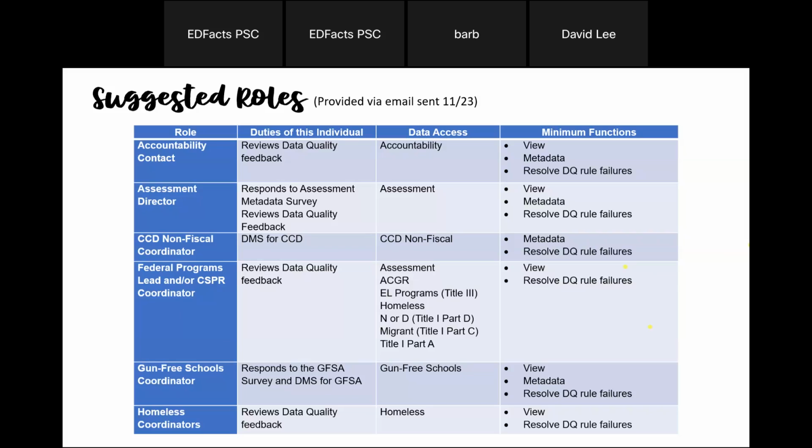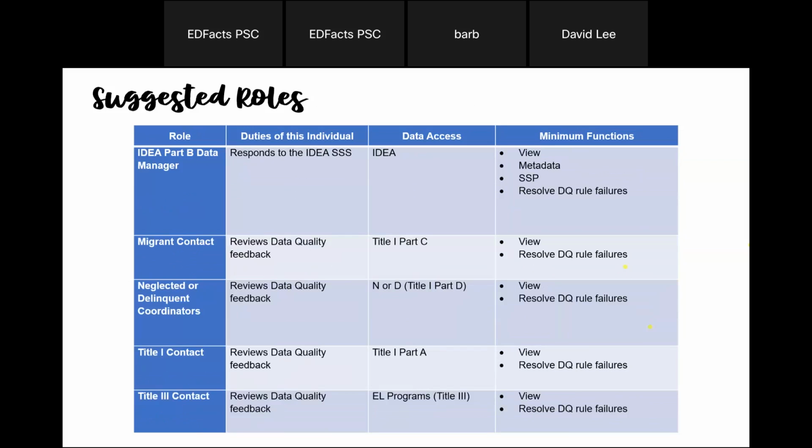Pretty much what we did was we tried to think of all the different types of individuals in your state, so not even necessarily just system users as they are. These are just someone in your state that might need access to EDPass to support data submission, whether that's providing data notes or resolving data quality errors, or you can give these individuals view access, and then you can work together to resolve data quality.